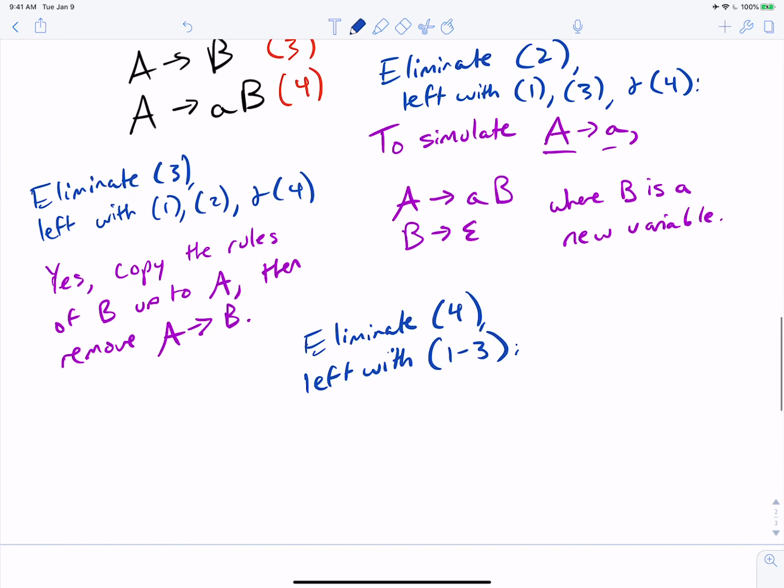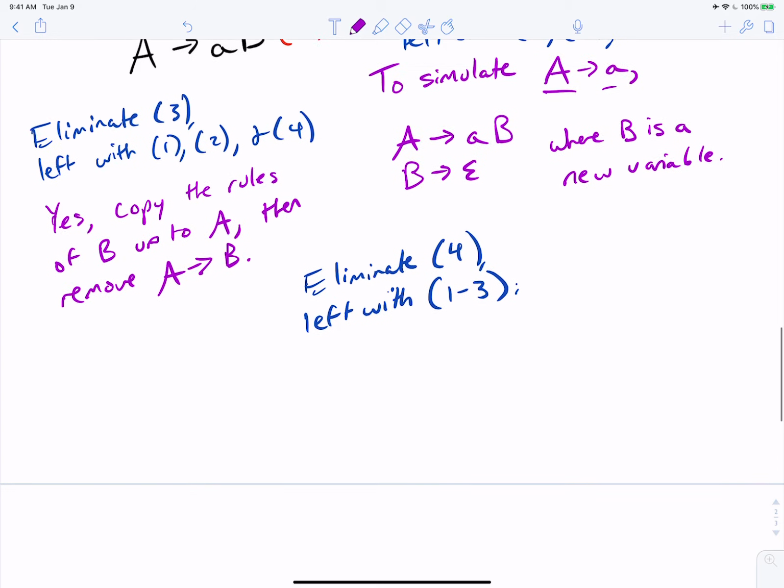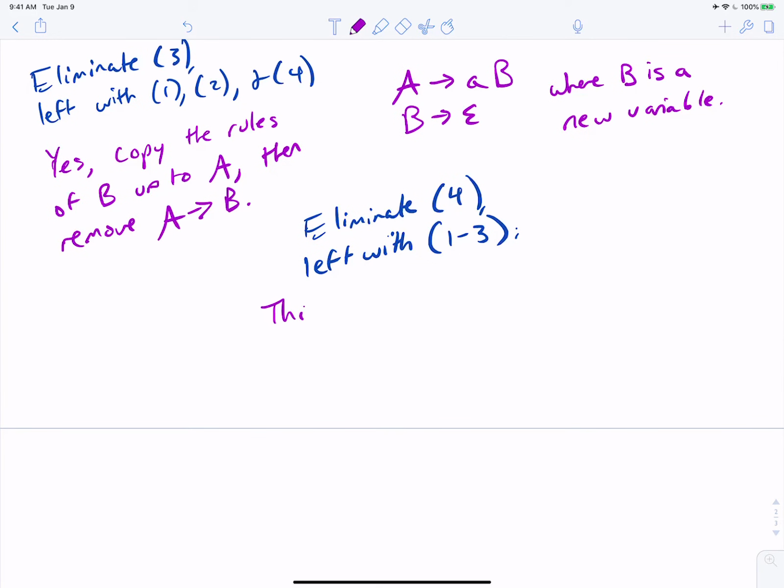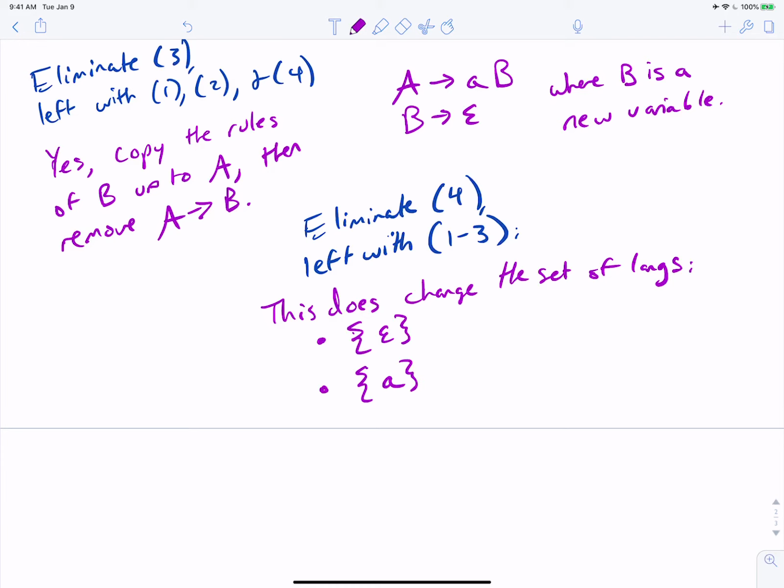So what are the sets of languages I get here? Well, what can we get? Just the empty string, or just a single character for where A is a terminal, or we can get the empty set.